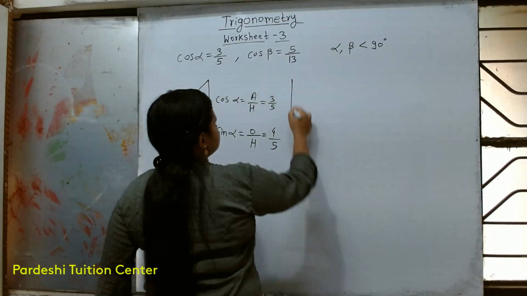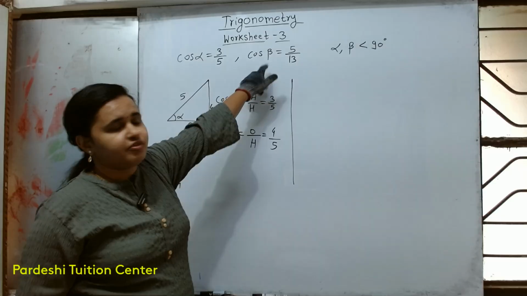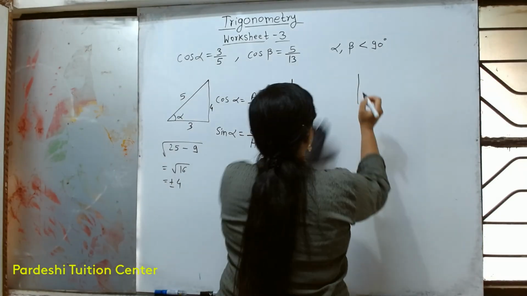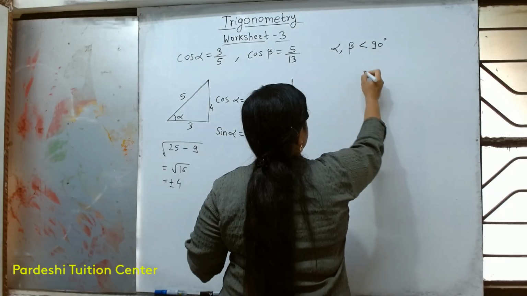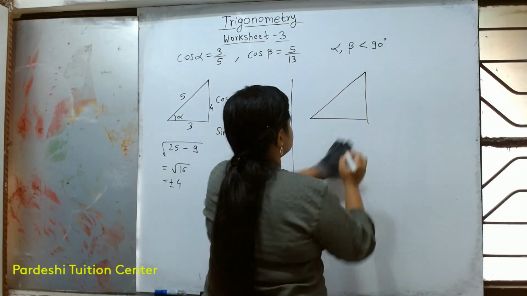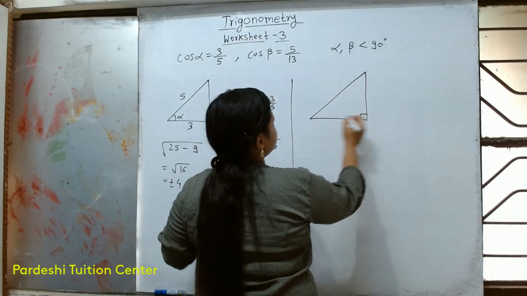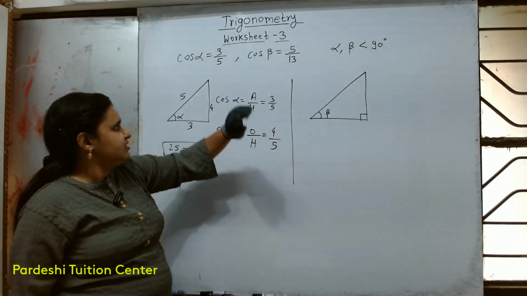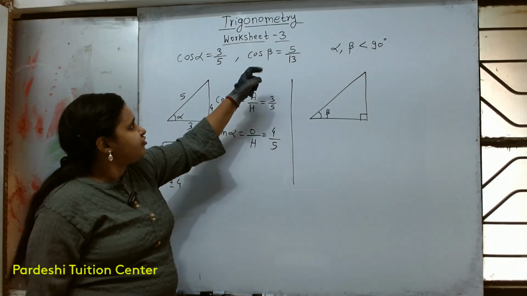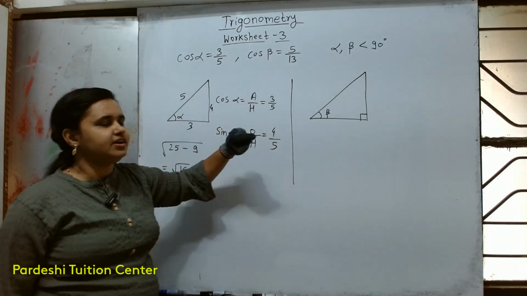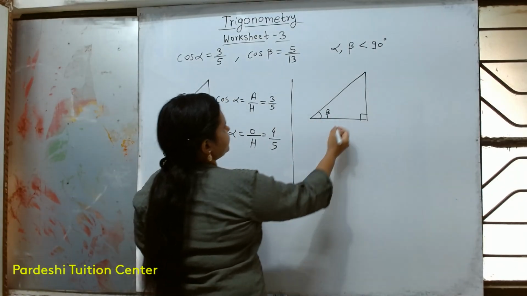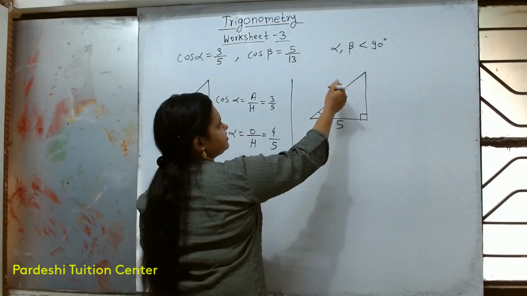Now, for calculating sin beta, we will again draw a triangle. Okay, this is a right angle triangle, I take this as beta. Now, again cos beta, ratio for cos is adjacent upon hypotenuse. So, adjacent side of beta is this one, so it will be 5 and hypotenuse is 13.